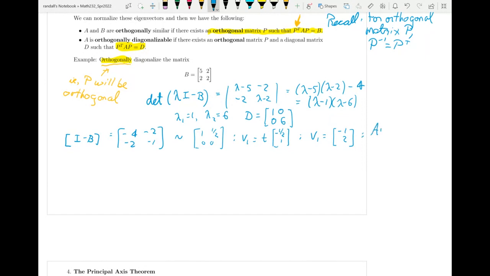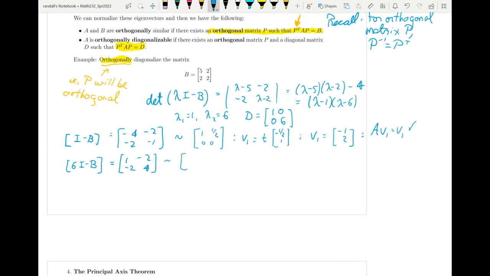And then you can check that AV1 equals V1, okay. That's what you do along the road just to check your calculations. So the second eigenvector: there's only one eigenvector for eigenvalue 1, and we'll see there's one eigenvector for eigenvalue 6. So we solve this system, which looks like this.